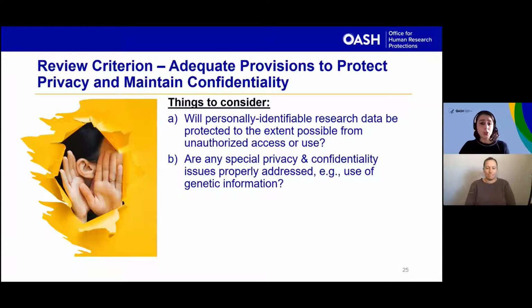So we've touched on this requirement already, but another criterion pertains to adequate provisions to protect the privacy of your participants and to maintain the confidentiality of the research data. So in our case study, we mentioned conducting interviews and administering surveys to participants.